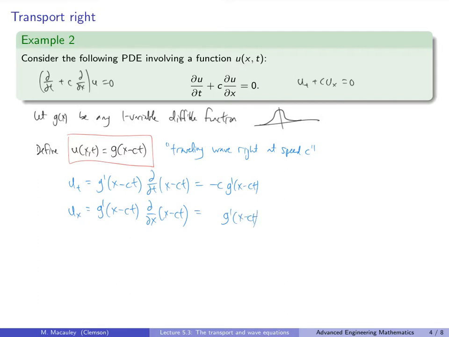So clearly, if you take ut plus c times ux, you get negative c g prime of x minus ct plus c times g prime of x minus ct.